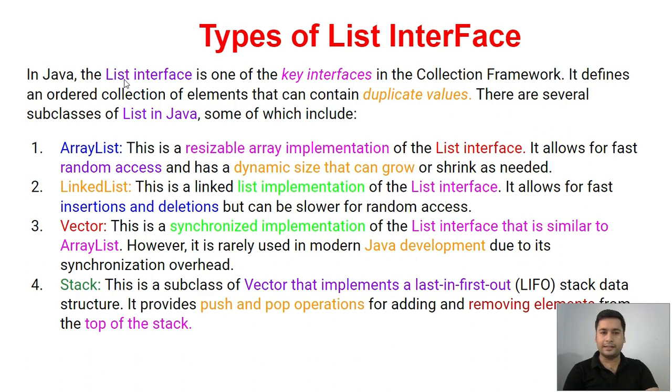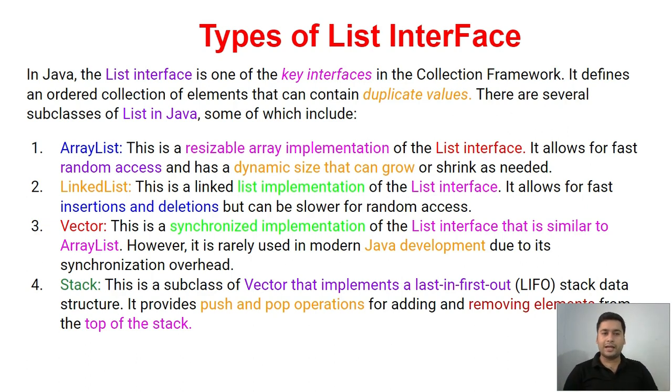Here we have ArrayList, LinkedList, Vector and Stack. Those are the implemented classes or subclasses of the List interface, and we have already seen how a list and an ArrayList look.